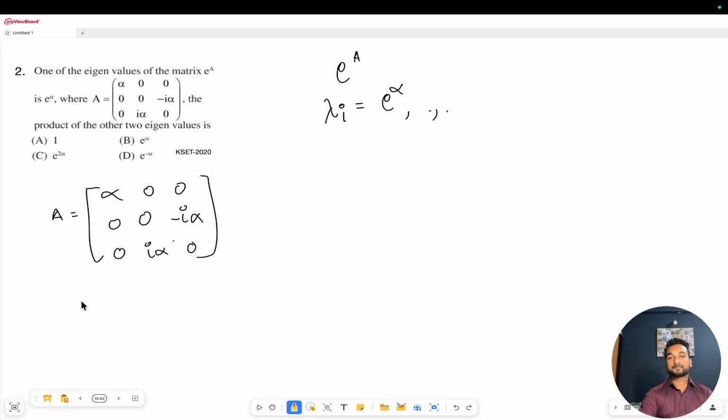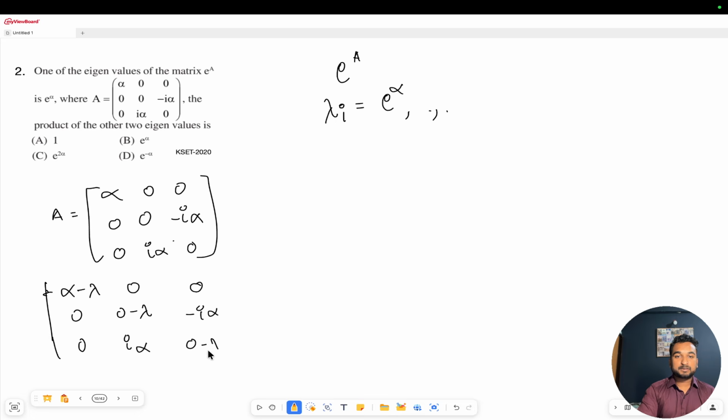Just A minus lambda I. So what will you get from here? Alpha minus lambda 0 0, 0 minus lambda, and the third element here will be minus iota alpha. Next 0, iota alpha as it is, and minus lambda, equals 0.